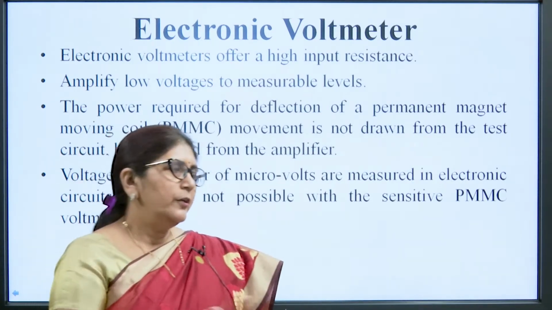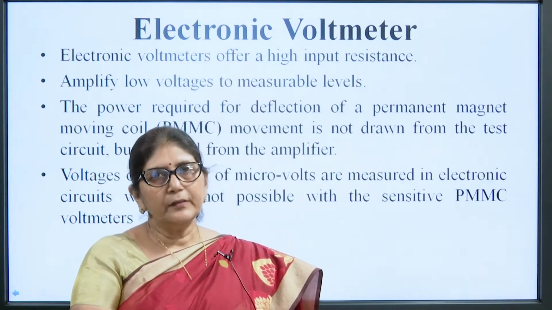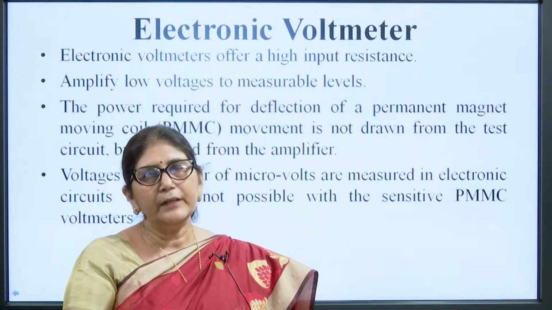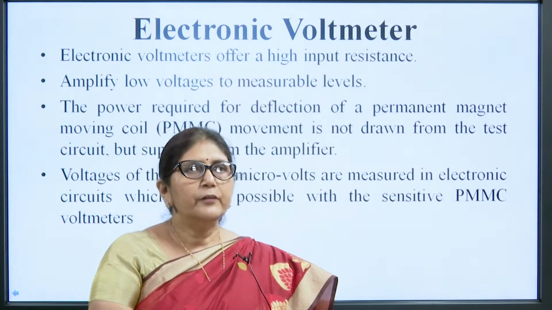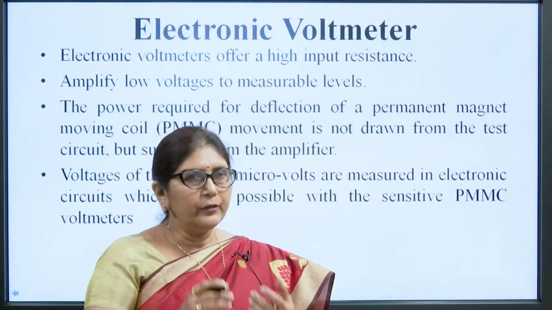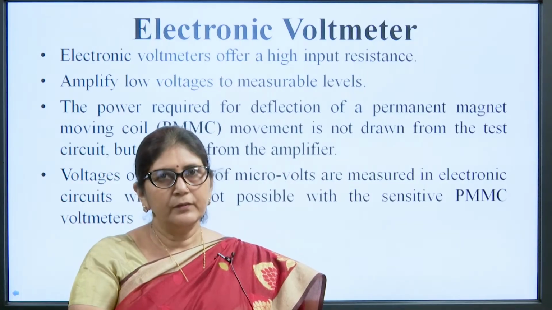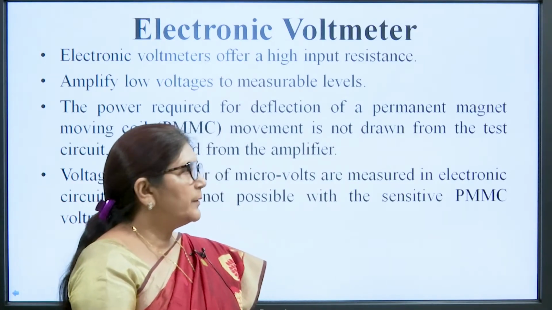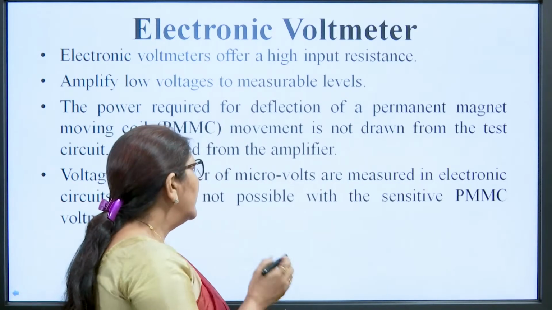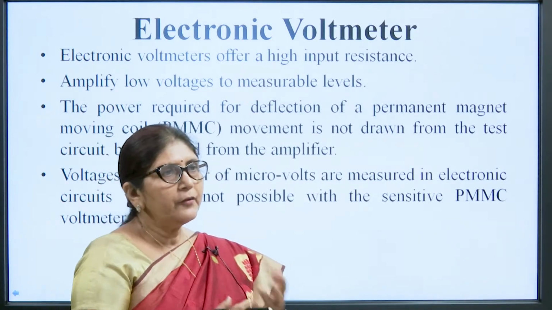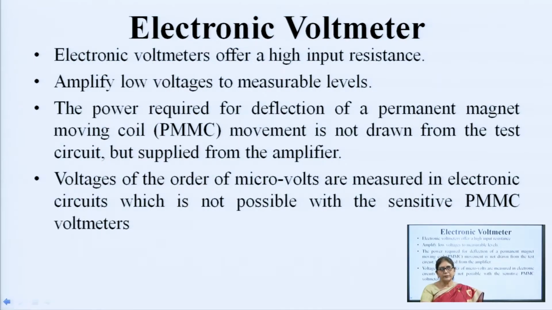So, what is the advantage of an electronic voltmeter and why do we need it? Actually, we can measure any voltage by using a simple PMMC instrument. So, what is the disadvantage of using the PMMC instrument?